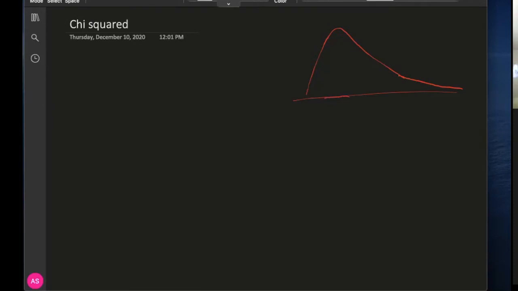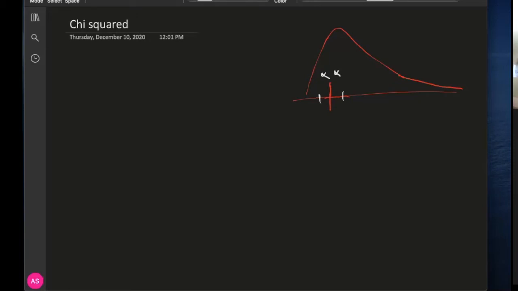We have a null hypothesis and an alternative hypothesis, okay? And then we are looking for a threshold value. What we just calculated here is that 15.2 was the value from our sample.